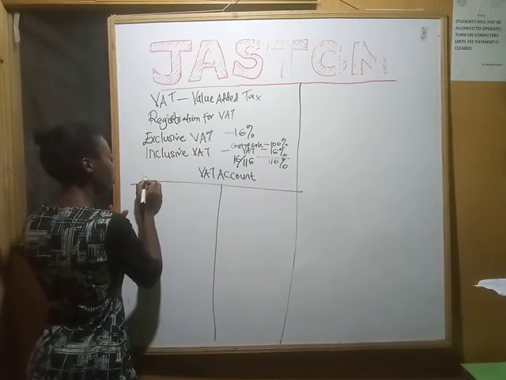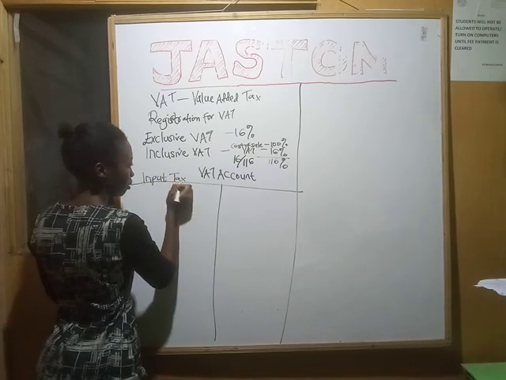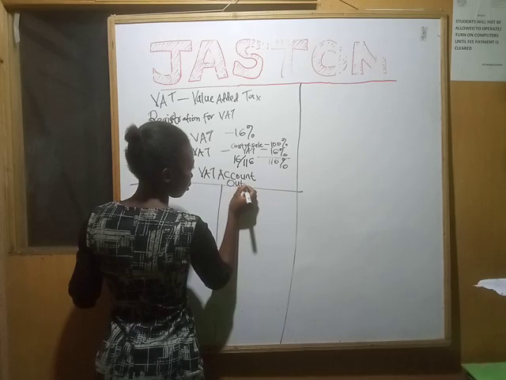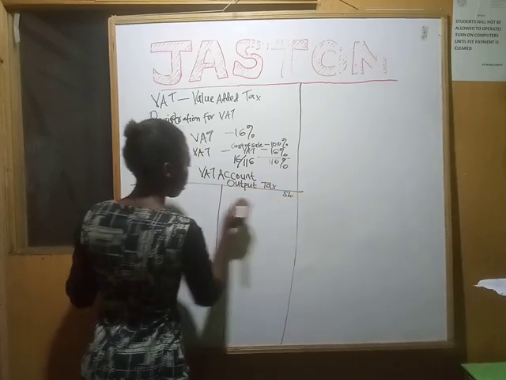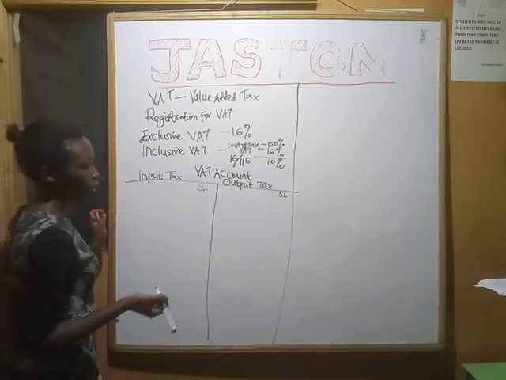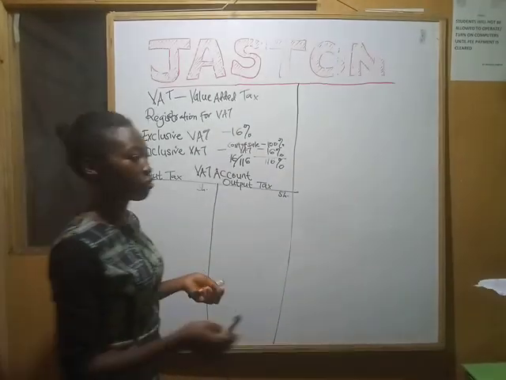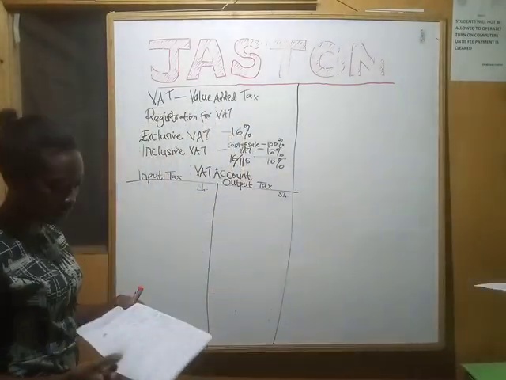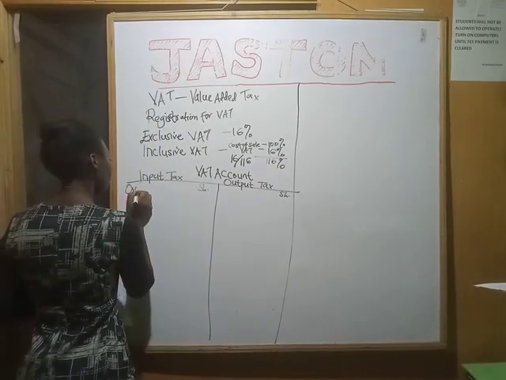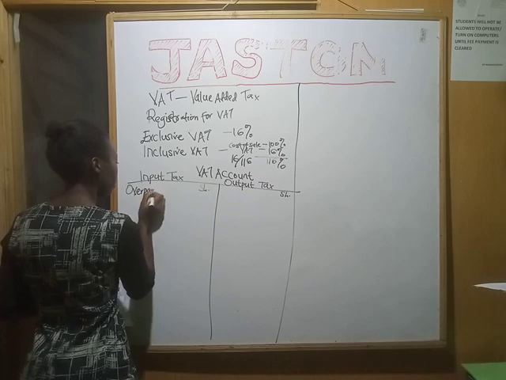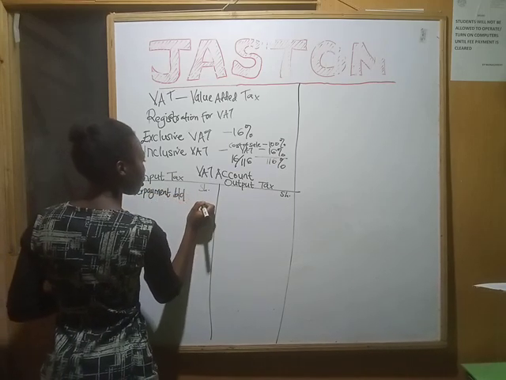We have the input tax and the output tax, with the shillings just here. In our computation of VAT we are going to use this formula, and here we have overpayment brought down. We will include it here.